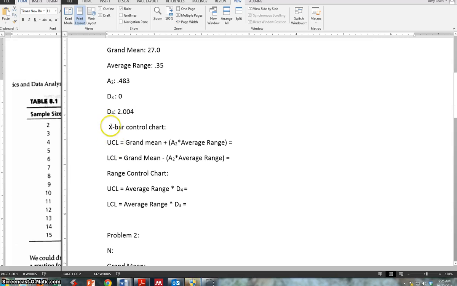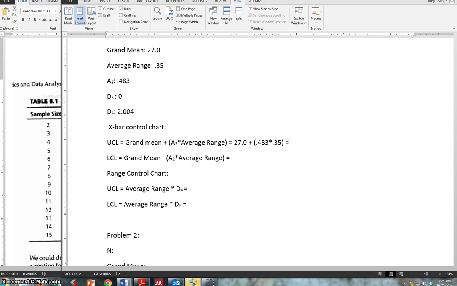So remember our formulas, and I had to type them out a little differently, so X bar is hard to type in Excel. My control chart for X bar is my grand mean plus A2 times my average range, and then for the lower control limit, it's just minus A2 times the average range. So as I think about my numbers, that's going to be 27.0 plus 0.483, which is A2, times my average range, which is 0.35.